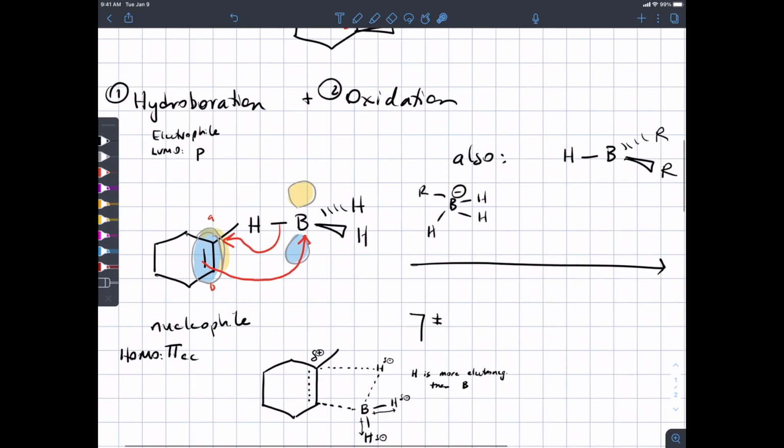Whereas in hydroboration, the pi electrons attack boron, and then H- gets delivered. So this reaction's regioselectivity is still driven by the buildup of positive charge. The only difference with this reaction is you're using a reagent that delivers H- instead of H+.